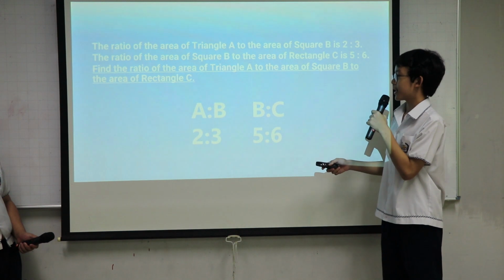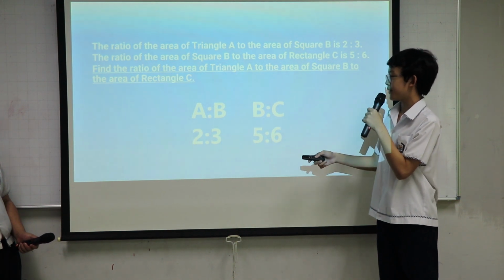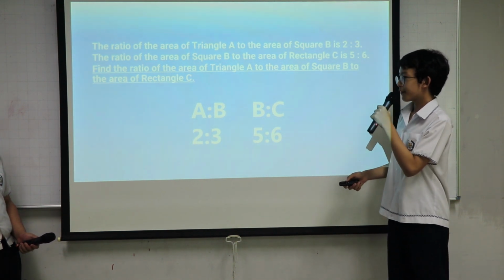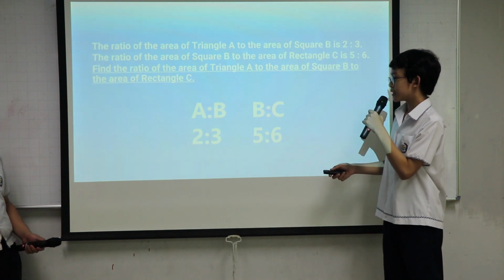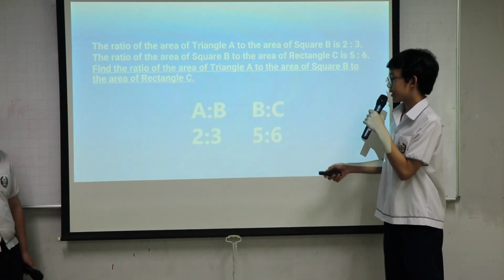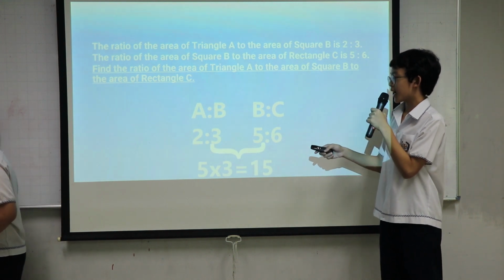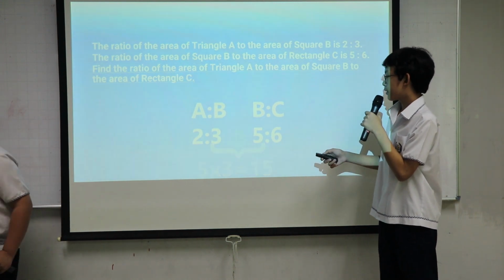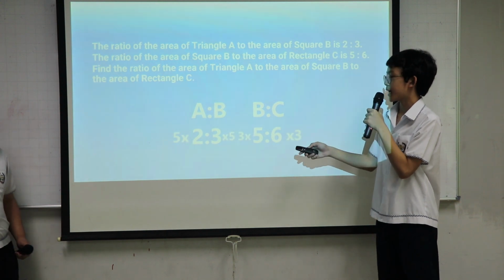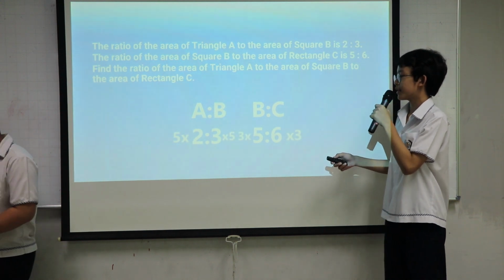So how do you make B the same? We have to make the least common multiple, which is 15. So how do you get A and C? Now you times 3 with 6 and times 5 with 2.